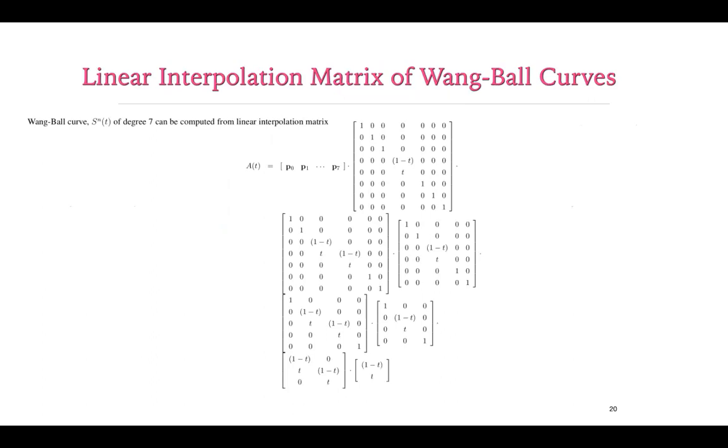Very simple, right? 1 minus t, and this one we have 1 minus t twice. And this one will be 1 minus t and t 1 time. This 2 time, 1 time, 2 time, 1 time.